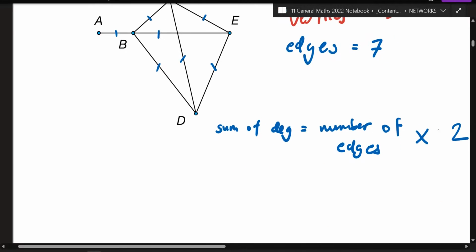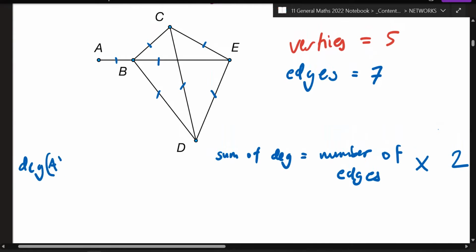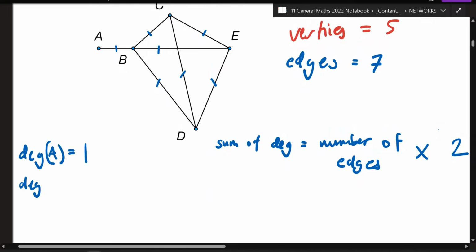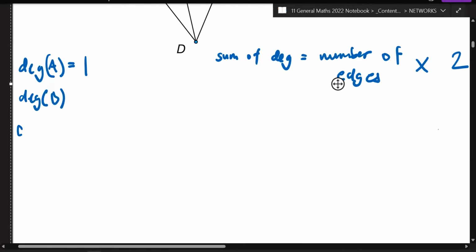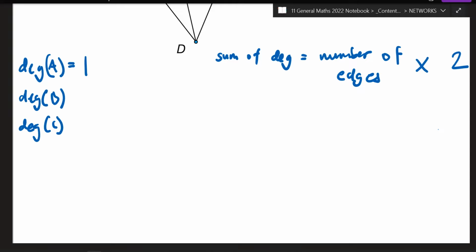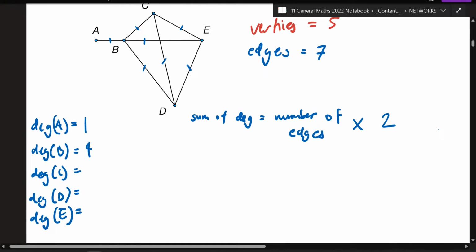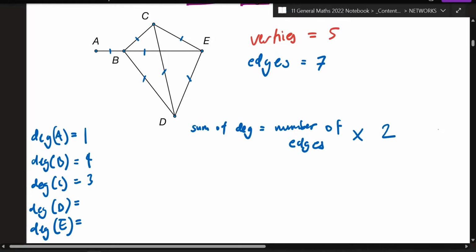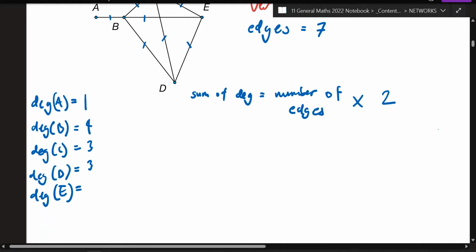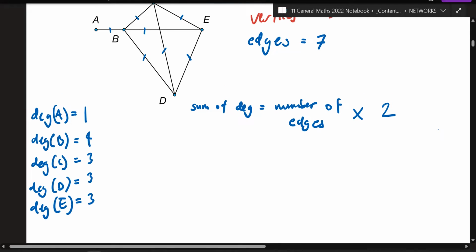To do it the long way, you'd go degree of A, degree of B, degree of C, degree of D, degree of E. So the degree of A is 1, B is 4, C is 3, D is also 3, and E is also 3.